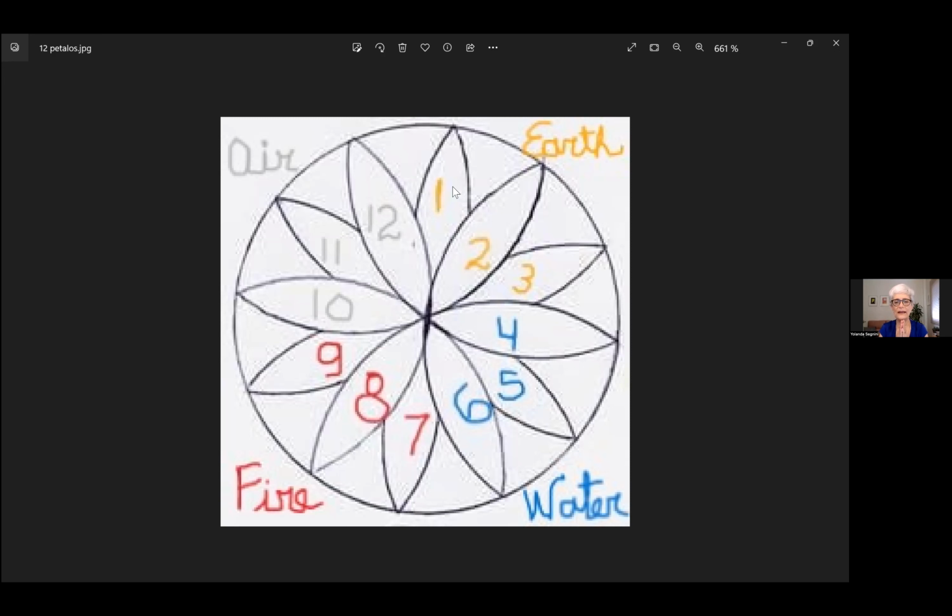Then the second portal of the element air in our soul is wisdom. We connect.